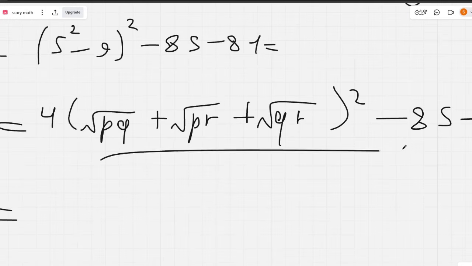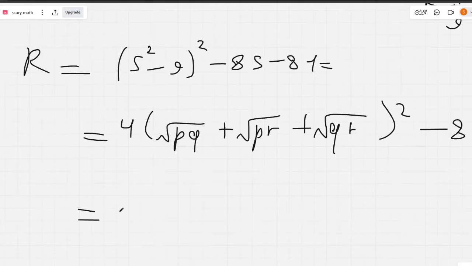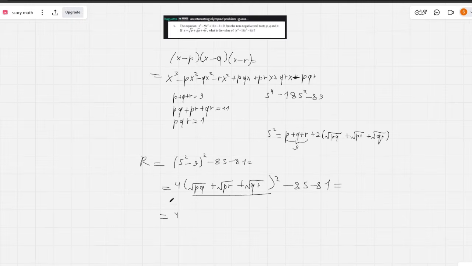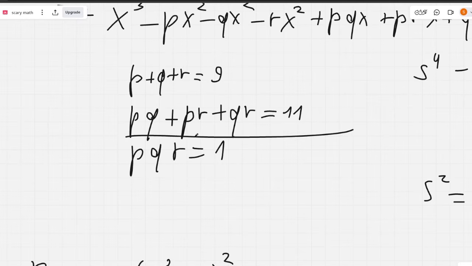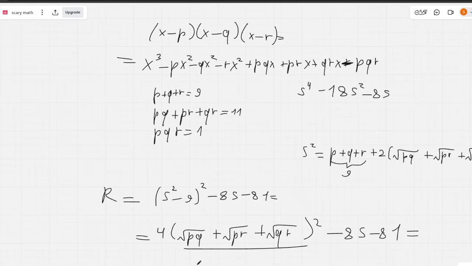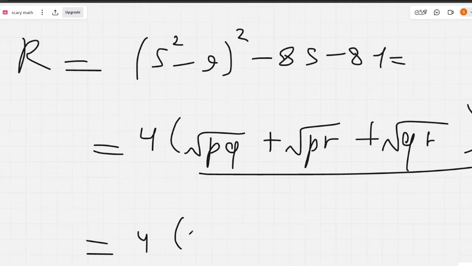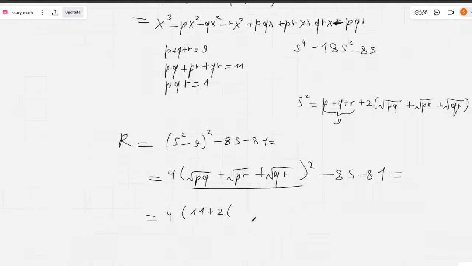Now with this we can apply the same exact formula. First we find the squares of these things and sum them, and we have a nice equation that lines up with it. This pq plus pr plus qr is 11. So after squaring we get 11 plus 2 times the products of these things.